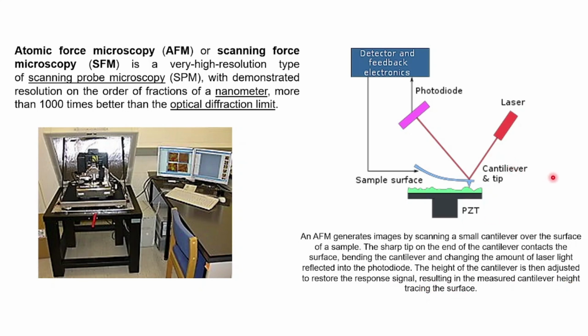So as the cantilever scans through the surface of your sample, when there is a curve or a bend, it will dip in or move up accordingly, and this comes out as a readout reflected into the photodiode. This is how atomic force microscopy works, and it has demonstrated resolution on the order of fractions of a nanometer, more than 1,000 times better than the optical diffraction limit.